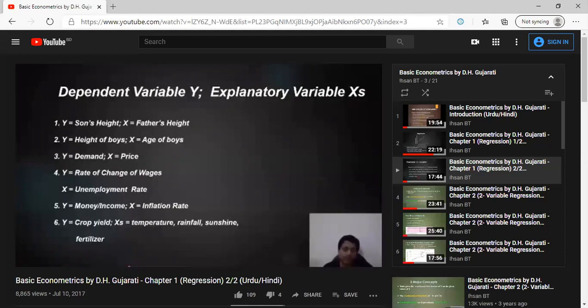Then simplifying assumption, what we took is, let's say this relationship is linear. It could be quadratic, it could be logarithmic, but we just took the simplest possible relationship, linear relationship, a straight line kind of relationship.